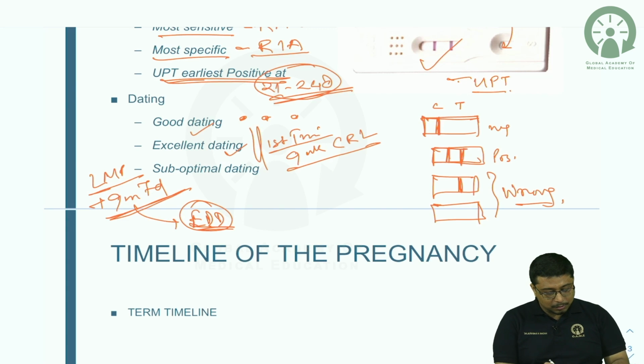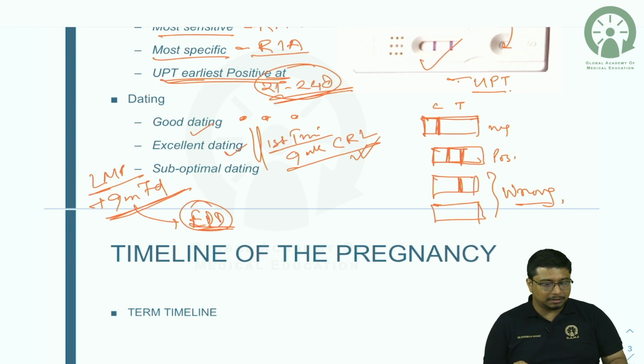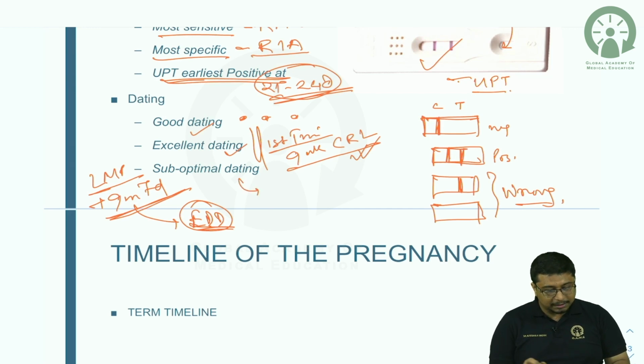And if these two are not matching, then we have to go by the 9-week CRL, because the first trimester, especially the 9-week USG measurement, is the best one. And what is suboptimal dating? If somebody has no first trimester scan and is not sure of dates, or has irregular cycles, then it is a suboptimal dating.